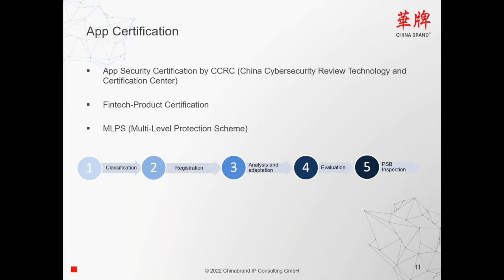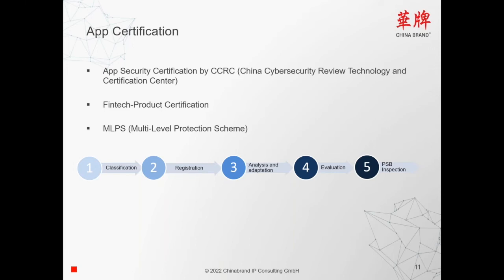There are also significant differences in content. The Fintech Product Certification is limited to financial products, while the App Security Certification by CCRC and MLPS have no such limitations. MLPS emphasizes IT security, while the App Security Certification by CCRC puts more emphasis on personal data protection.